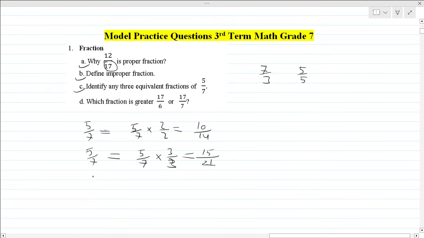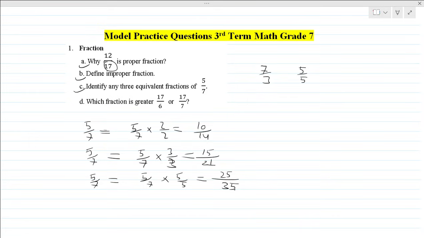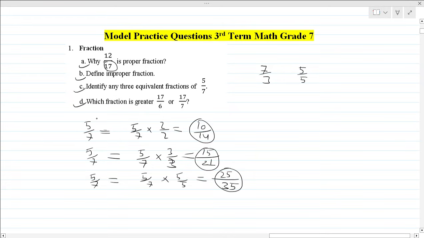Or let's go with another number. Let's multiply by 5, so you get 25 divided by 35. This is another equivalent fraction. We are asked to give three equivalent fractions, so these three are 10 by 14, 15 by 21, and 25 by 35 for the given fraction 5 by 7.